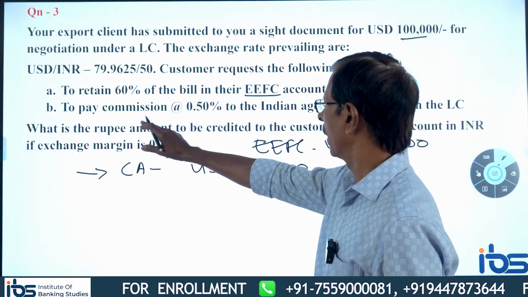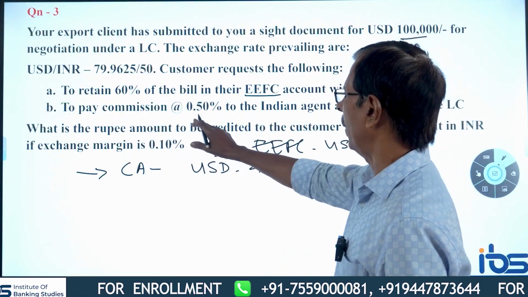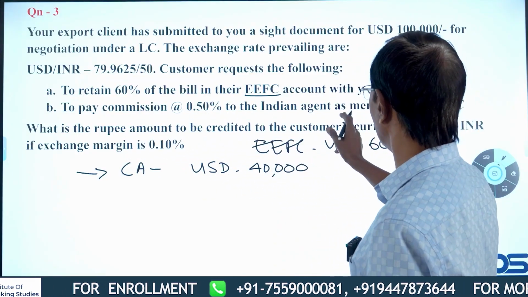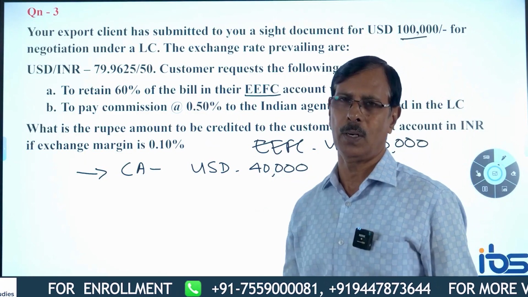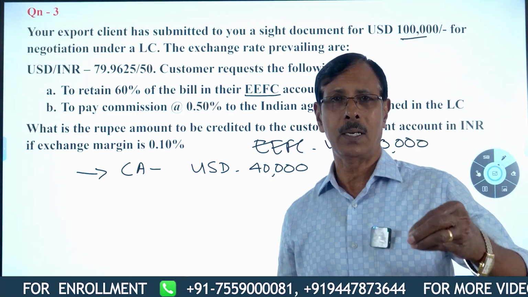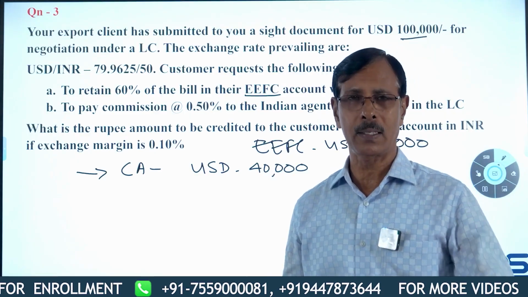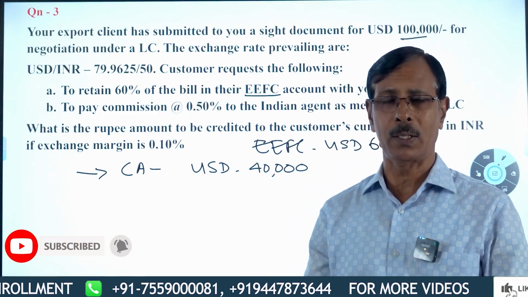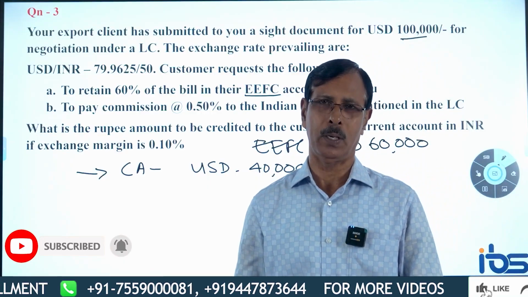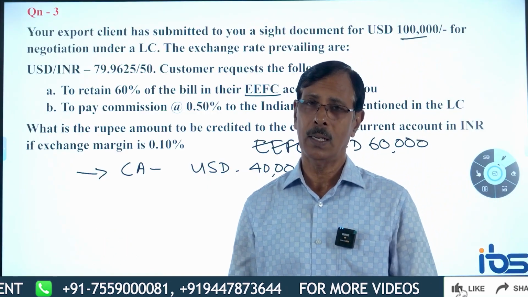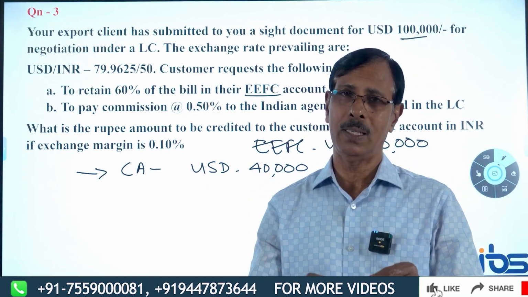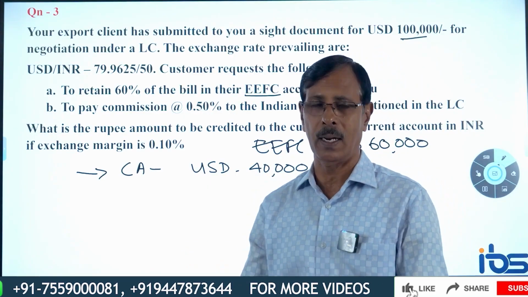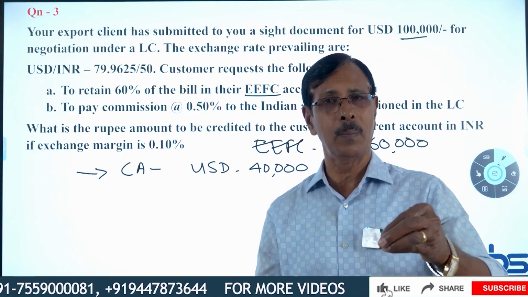Now, one more condition he has given. Pay a commission of 0.5% to the Indian agent as mentioned in the letter of credit. So this is a transaction pertaining to a letter of credit. Against the letter of credit, the export has taken place, and there is an involvement of a Forex broker. Who is a Forex broker? A Forex broker is an agent who connects the buyer and seller, and this person needs some commission.